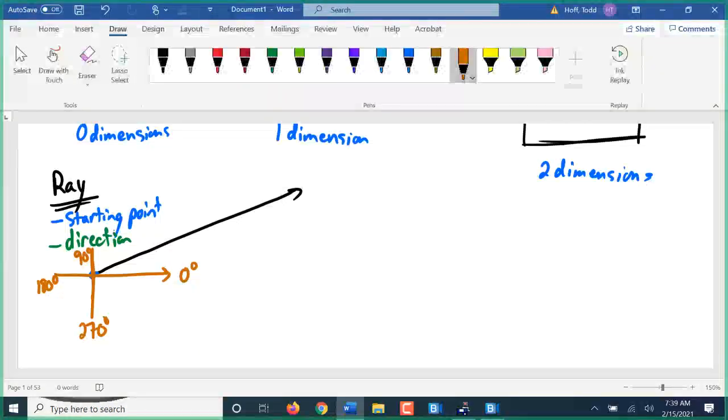Now remember, 360 degrees is one complete rotation. So looking at this, now I'm just throwing a number on that. That direction might be like 26 degrees. So that would define that vector there. It starts at this point and it goes in the direction of 26 degrees.